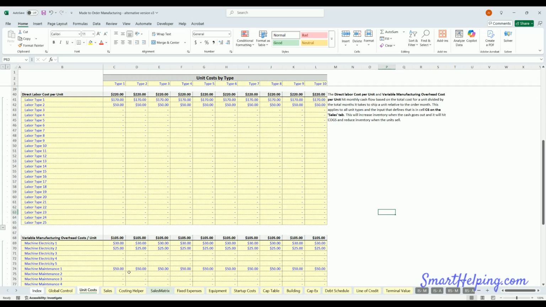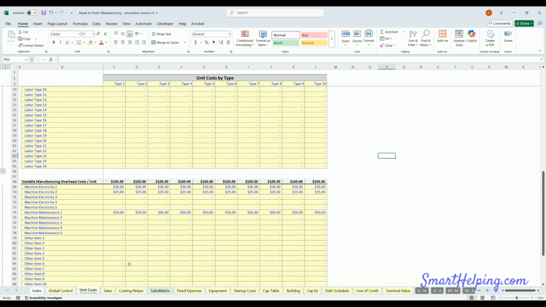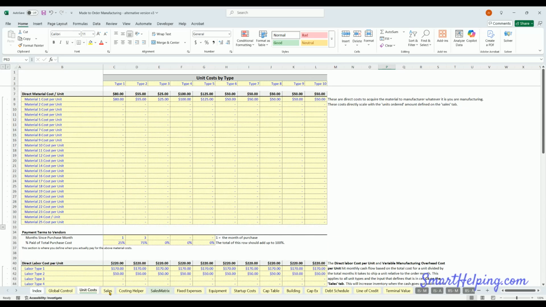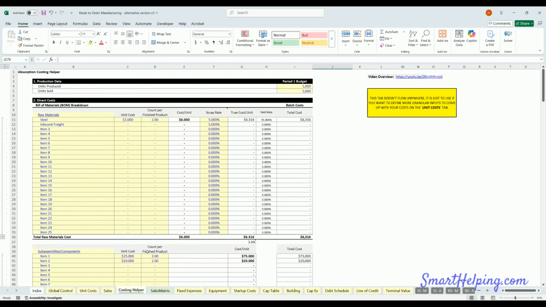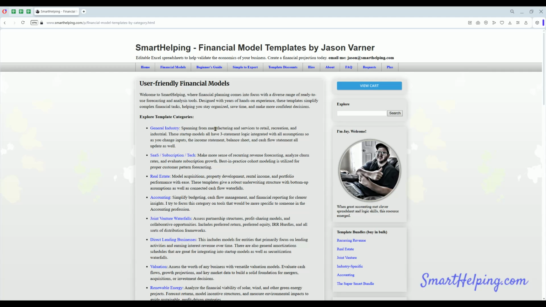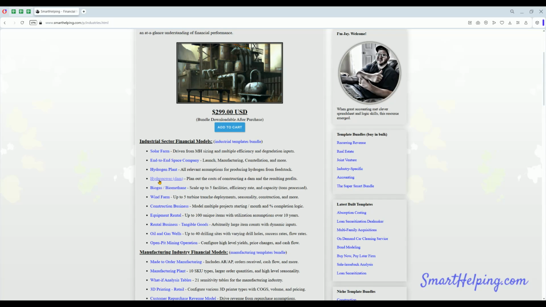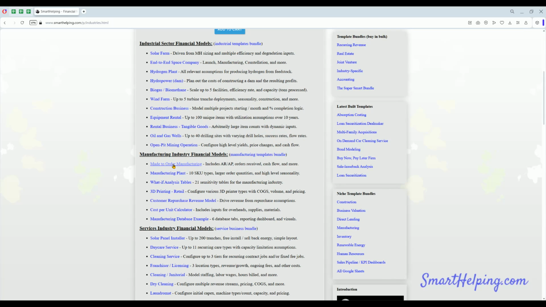Everything else works exactly the same, and you can see here the unit costs. And this alternative version also has the new schedules. Okay, so that's the update. If you want to download it, it's still available at smarthelping.com. If you go to general industry, it's at the top here in the manufacturing section, made to order.